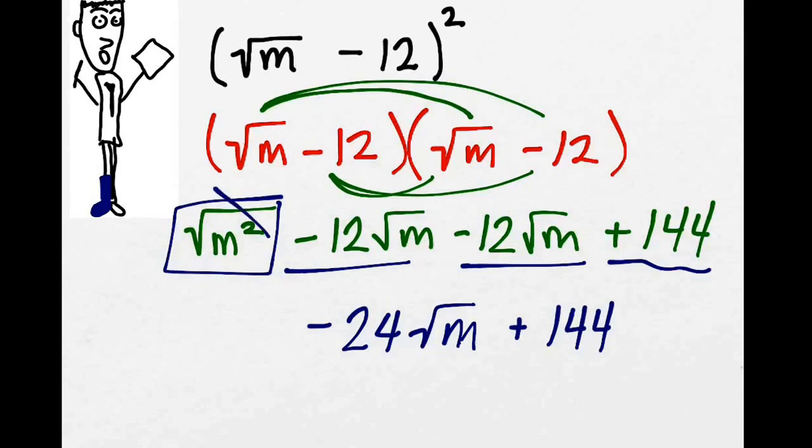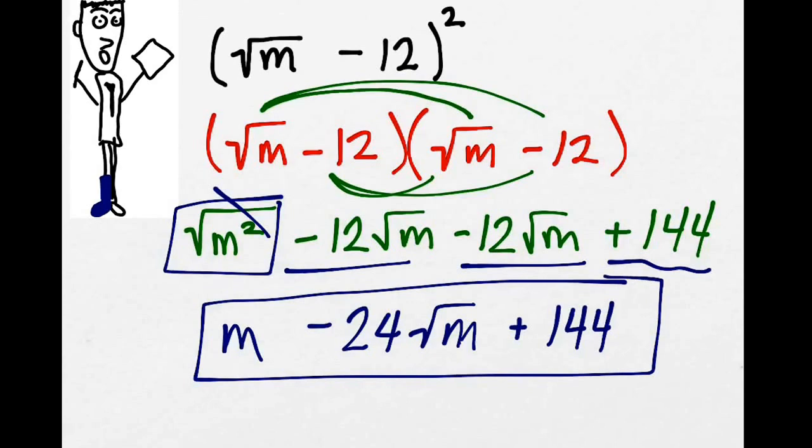So they will cancel the square root and the squared, leaving you with an m at the beginning. So our binomial, root m minus 12 squared, this guy at the very top, wrote it twice, foiled it out, double distributed, however you want to call it, and gave me this answer right here. M minus 24 root m plus 144. That's how that binomial gets expanded out.